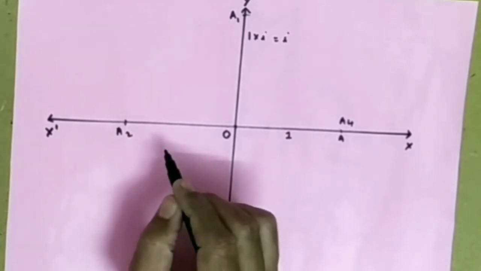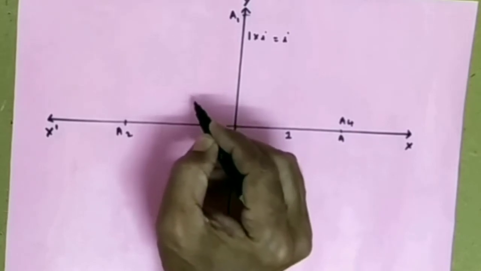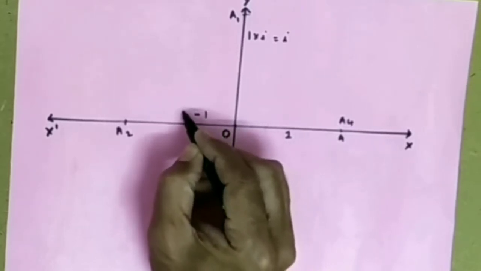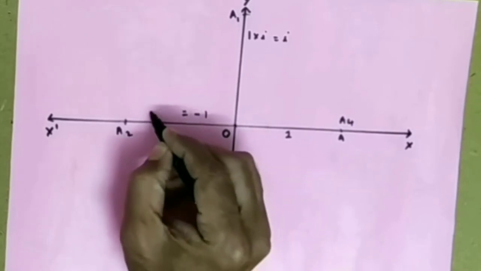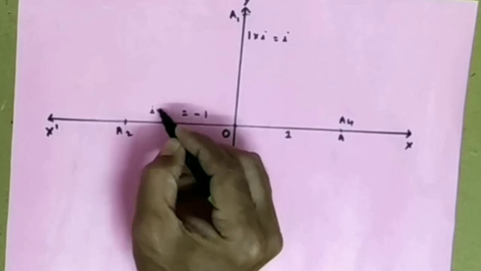OA2 represents minus 1, that is nothing but i into i.